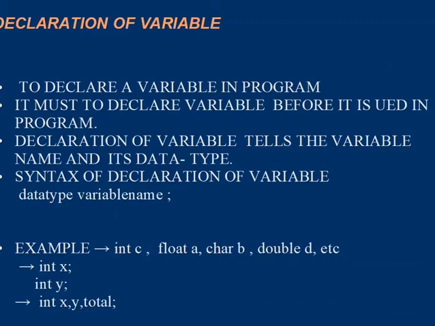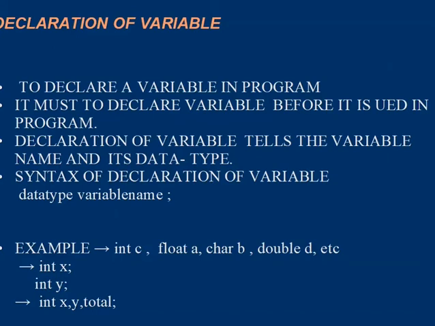Let us see examples like int c, which means c is a variable of int type. Float a means a is a variable of float type. Double d means d is a variable of double type, and you can have a look at more examples here.